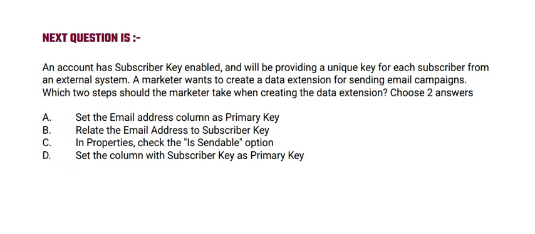Choose two options, and the options are option A set the email address column as primary key, option B relate the email address to subscriber key, option C and in properties check the is sendable option, option D set the column with subscriber key as primary key.